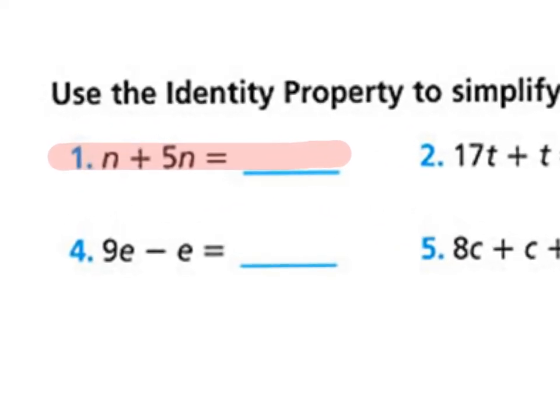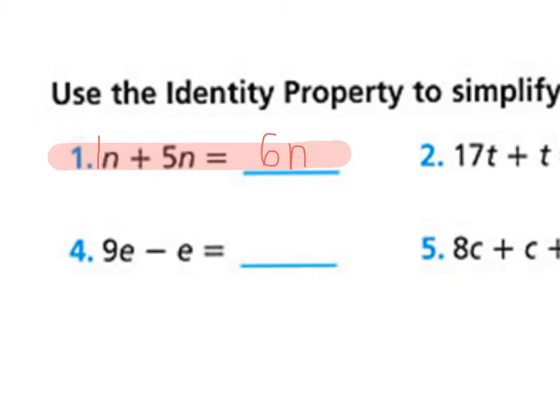When I'm doing n plus 5n, what I'm really doing is I'm putting a little 1 in front of my n. Now, 1n plus 5n is 6n.